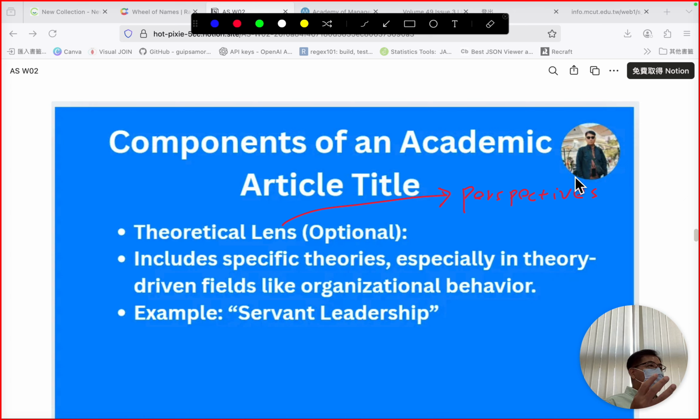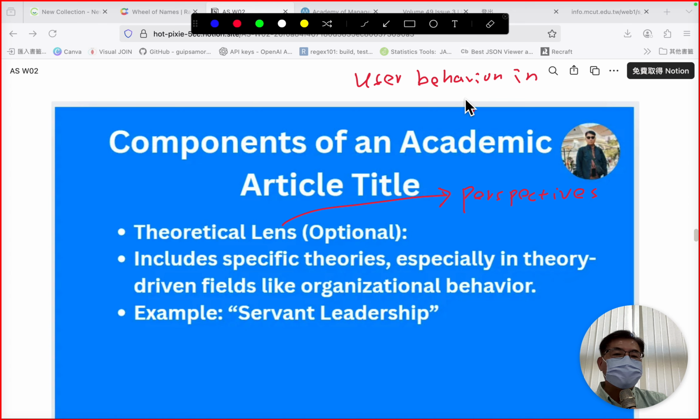Theory perspective means, for example, if you want to study user behavior in, let's say, an AI tool, AI application.